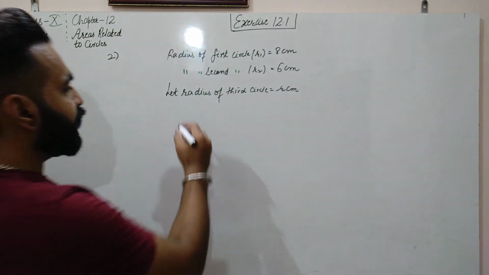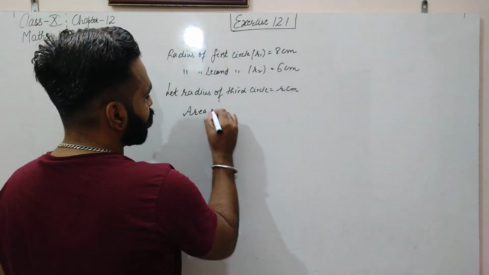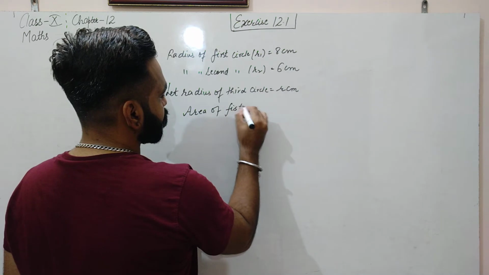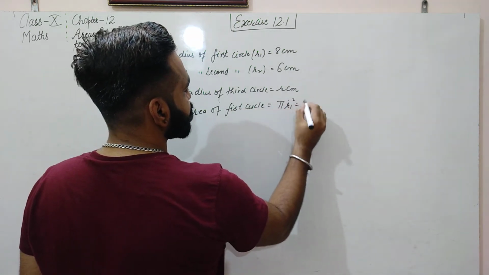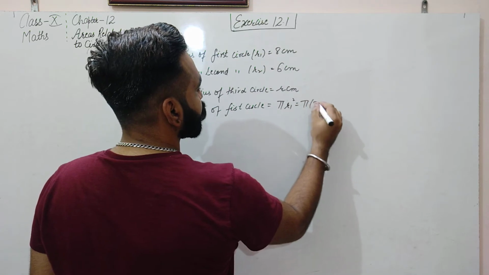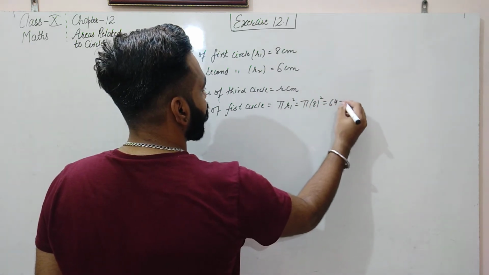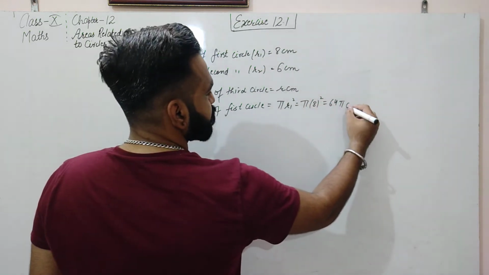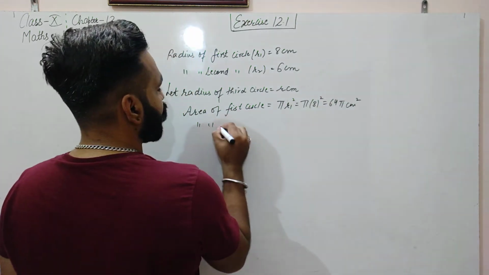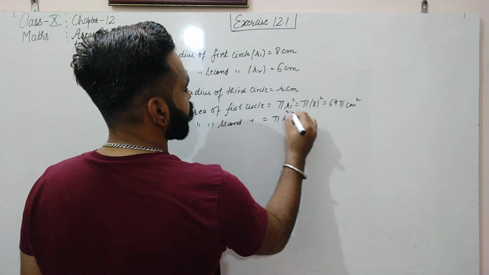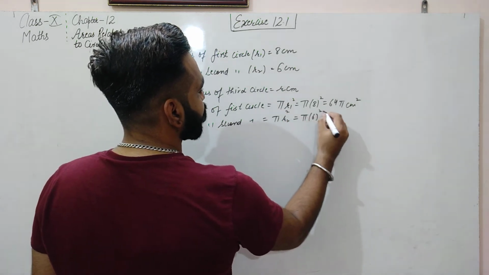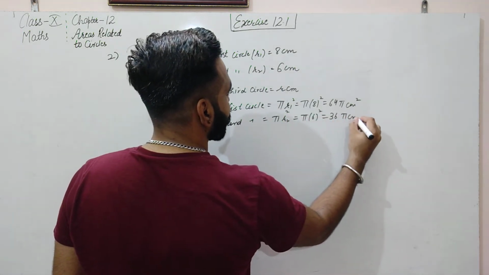Now we have to find the area. So area of first circle is pi r1 square, that is pi into 8 square, 64 pi centimeter square. Area of second circle is pi r2 square, pi into 6 square, that is 36 pi centimeter square.